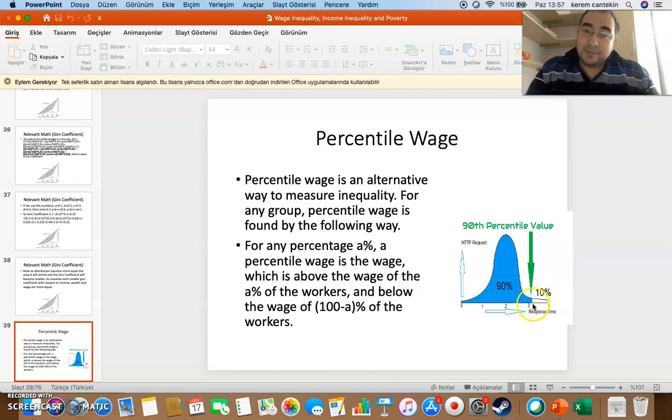The most popular percentile values that are calculated are the 10th, 25th, 50th, which is exactly the middle, the median level, 75th, 90th, and for the top, sometimes you can also calculate 95th, 99th, 99.99th. Basically, you can go to extreme percentile values at the top in some cases.